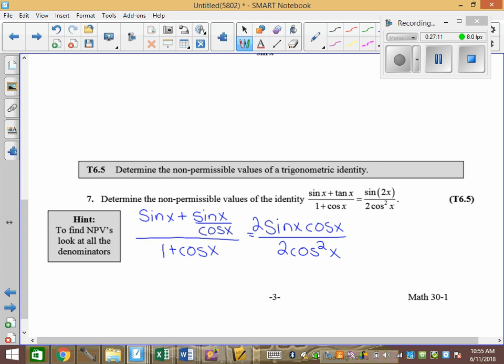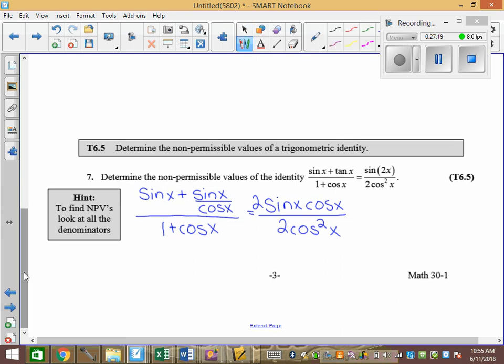So technically, what do we have? Where are our errors going to be? Where are NPVs going to lie? 1 plus cos x is going to cause us issues. That cannot equal 0. 2 cos squared x cannot equal 0. And what else? Cos x.